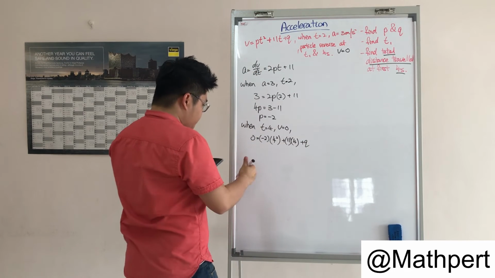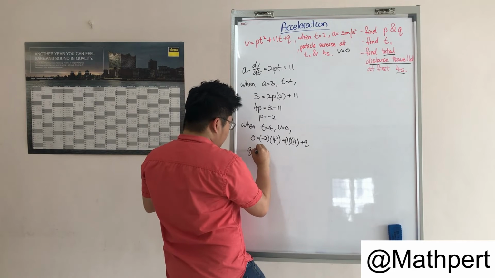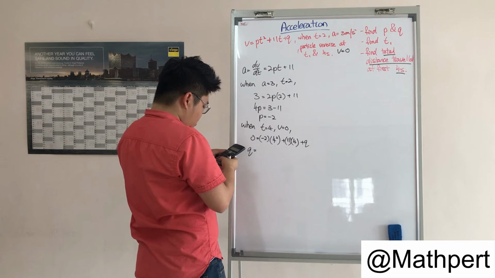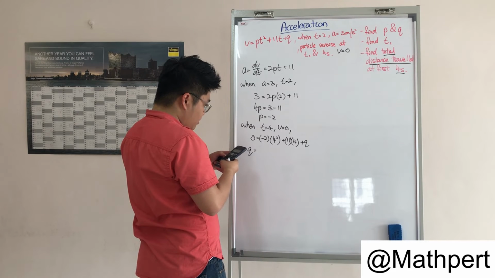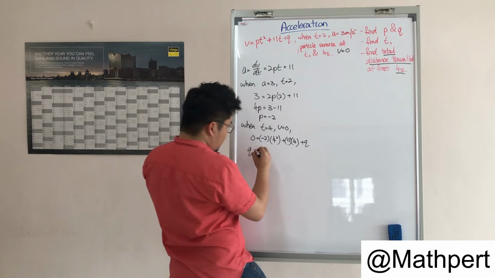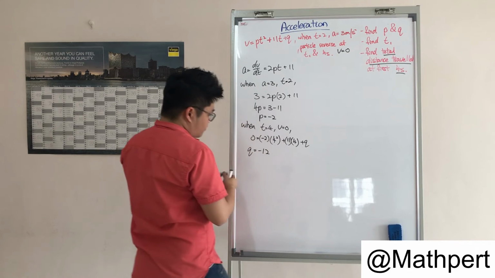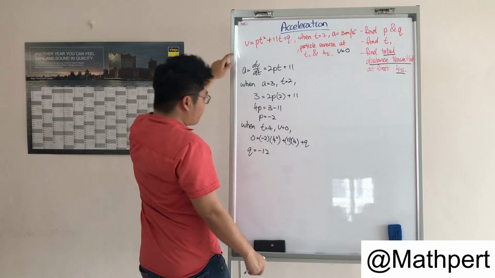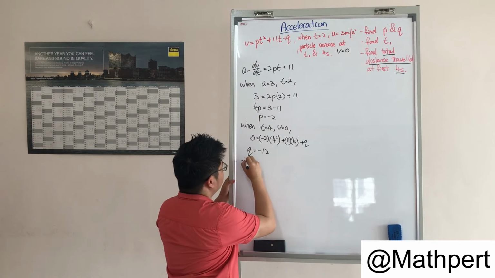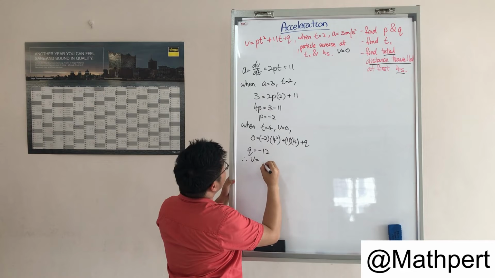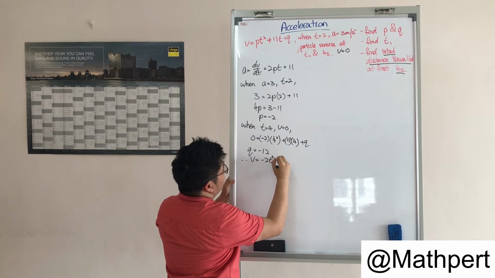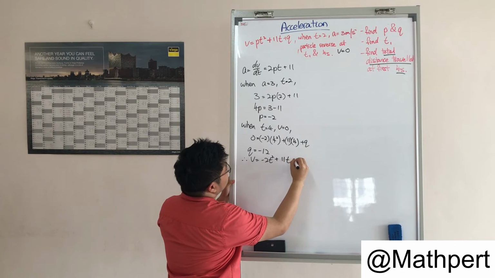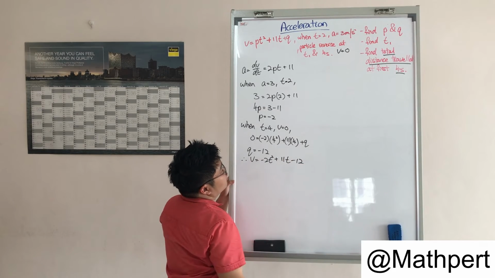So we get q equals minus 2 multiplied by 4 squared plus 44 is negative 12. Therefore, v is equal to negative 2t squared plus 11t minus 12.